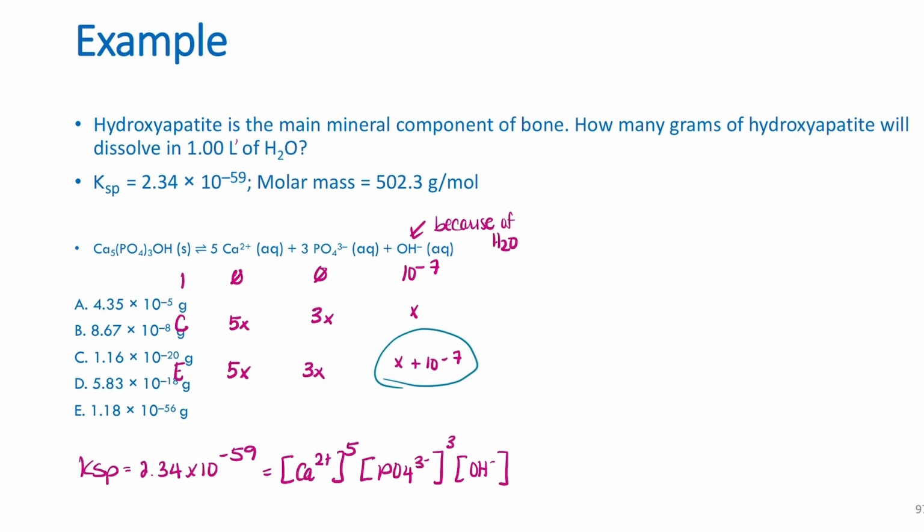So again, I go ahead and do this. I've got 5x to the fifth times 3x cubed. That fifth should be out. Should be 5x to the fifth on the outside, times 10 to the minus 7. 5 raised to the fifth times 3 raised to the 3.